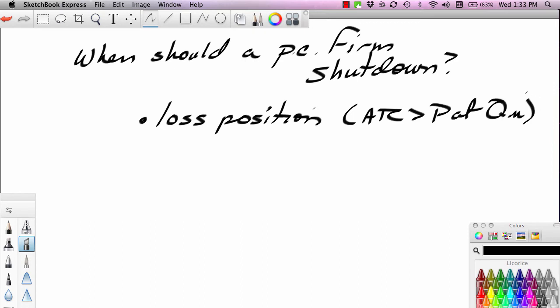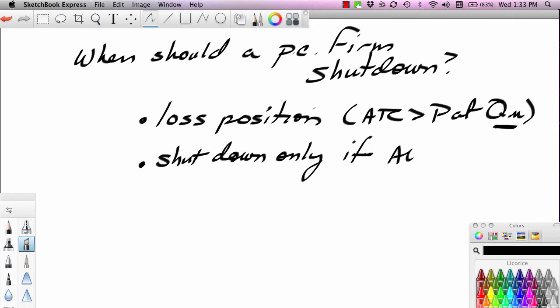In other words, we're doing everything we can to maximize profits, but ATC is still greater than price at Q min. The second condition takes it a step further. You would shut down only if AVC is greater than price at Q min.